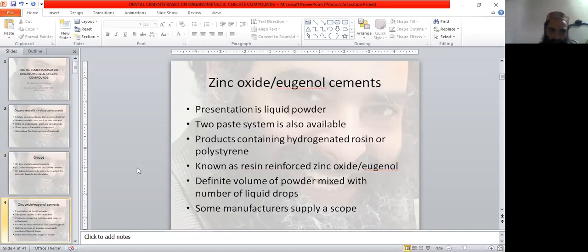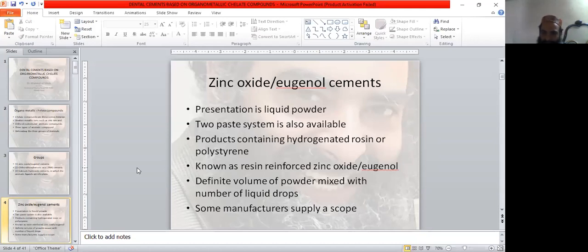Now, zinc oxide eugenol cements. Presentation is liquid and powder, not like the pastes, powder and liquid. But a two-paste system is also available.